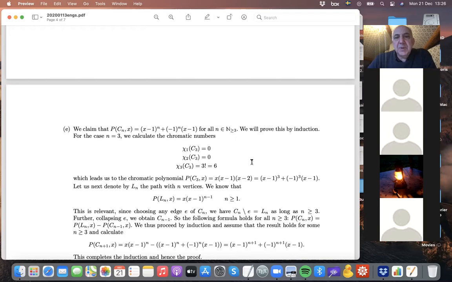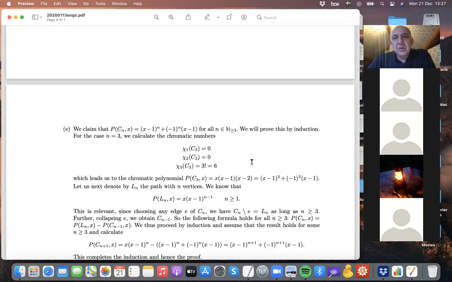But we also had some exercises. So the degree of the chromatic polynomial equals the number of vertices.